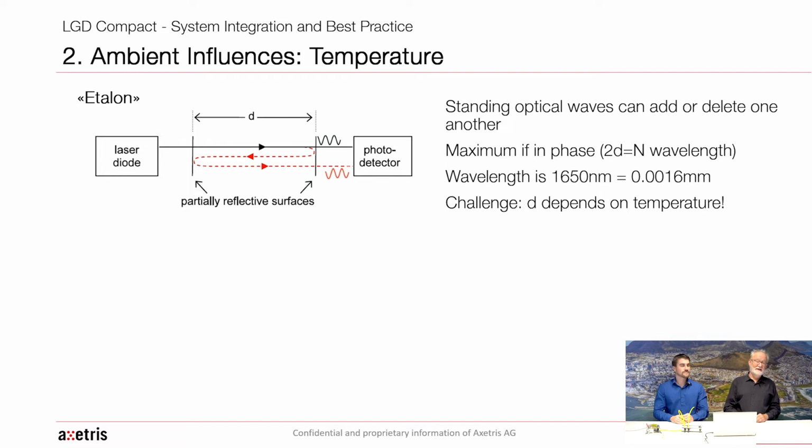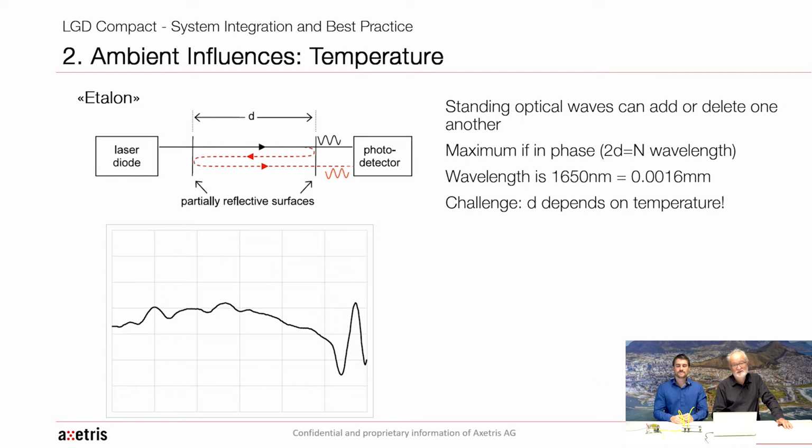Now, when you're measuring a gas spectrum like we do, you will get some extra fringes or artifacts, and you might misunderstand them as absorption lines, but it's just fake. And in this figure here, you can see a measurement of the absorption versus the wavelength. And first, without any reflections, you get this curve shown here in black with one peak of absorption at the right end of the curve.